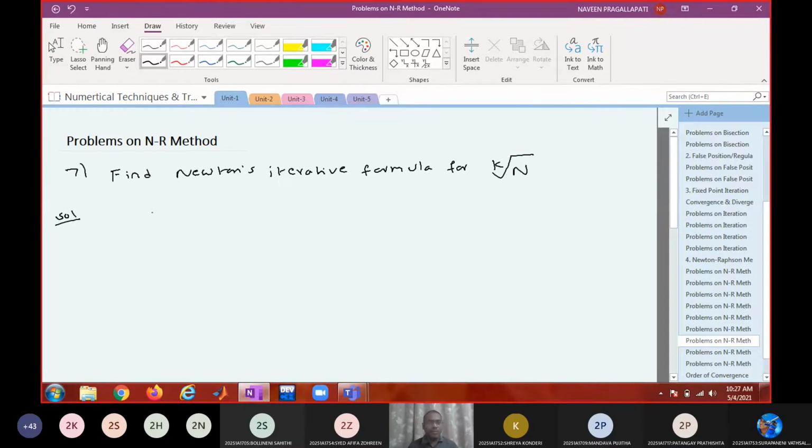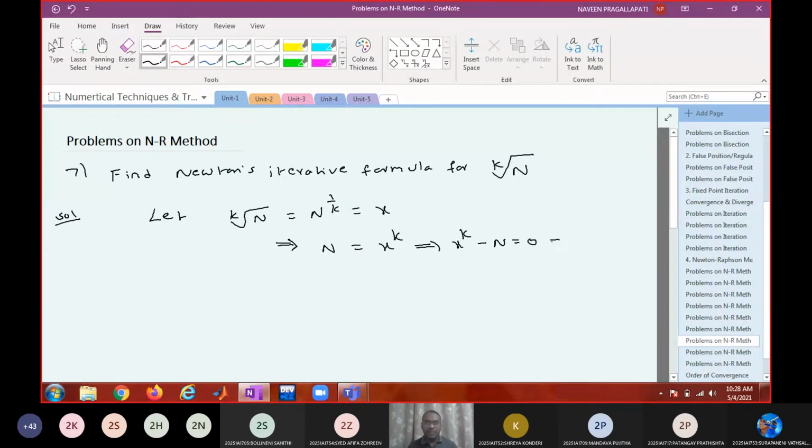Okay. So let us assume that kth root of n, which is n power 1 by k, is equal to x. So what you have to do then, on both sides you take integral power k. So n power 1 by k, so n is equal to x power k. This implies that x power k minus n is equal to 0.